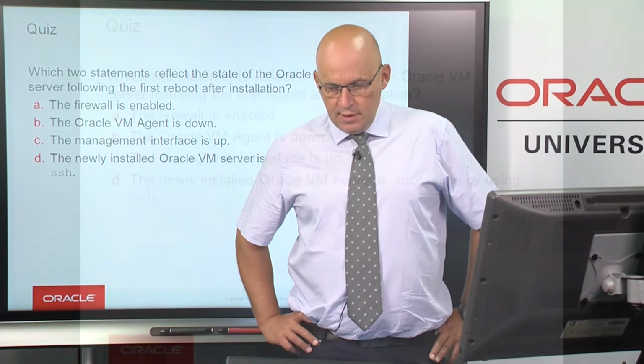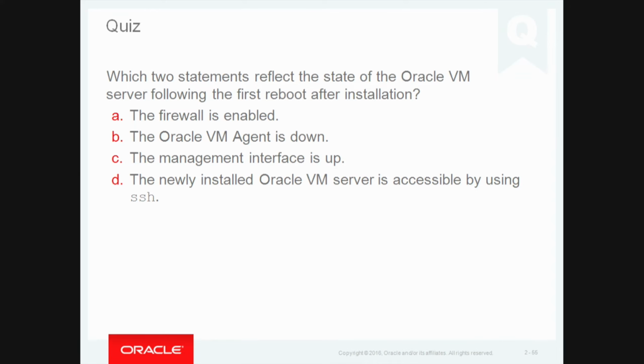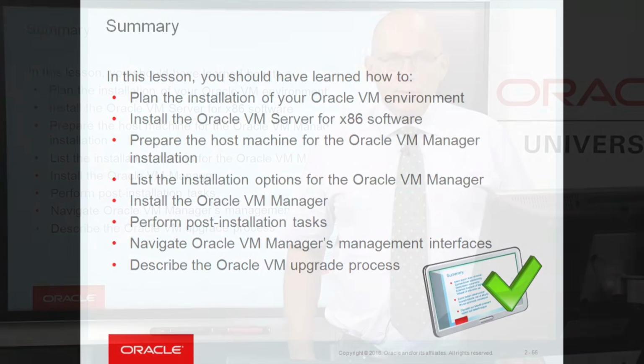Remember that whenever you boot the server, the management interface should be up, and in this case you will be able to connect by using SSH. Of course the Oracle VM Agent is up, and the firewall is disabled.